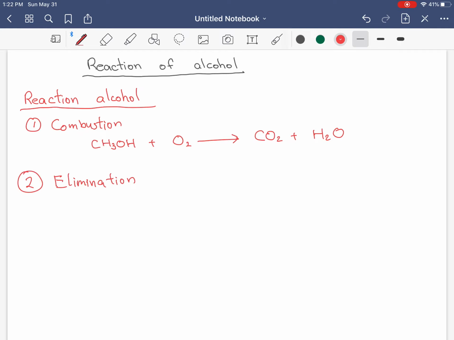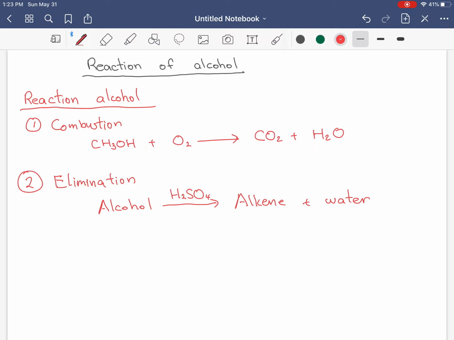This is sort of like the reverse of a reaction we've seen before, where we take an alcohol and, under the influence of sulfuric acid specifically, you're going to get an alkene plus water.